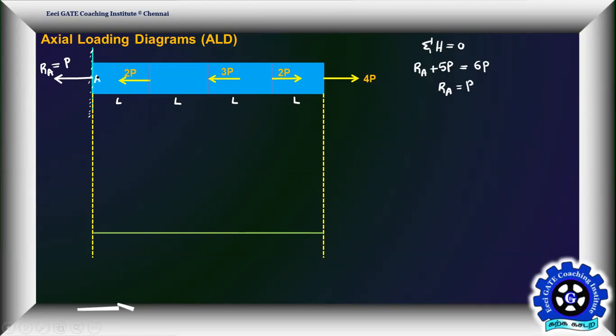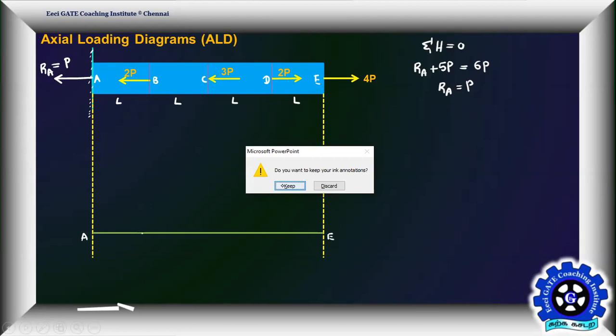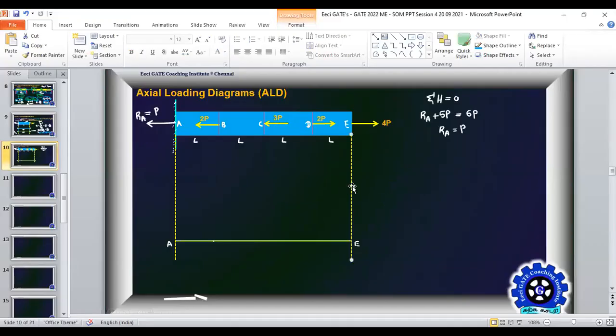Here you can take A, B, C, D, and E. Our game here is, this is A, this will be E, and in between this will be B. Here you will get this kind of line.